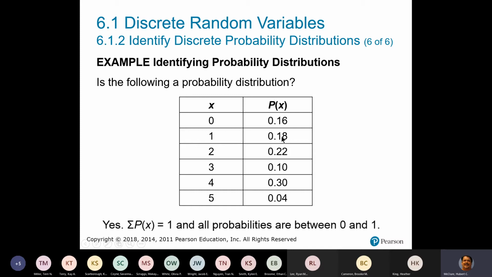So this one, if you add these up, they equal 1, and they're each between 0 and 1. So there's 3 possible questions on a standardized test and 3 possible questions that are on my test. I've shown you at least 5 questions now that could be on the test from 6.1.